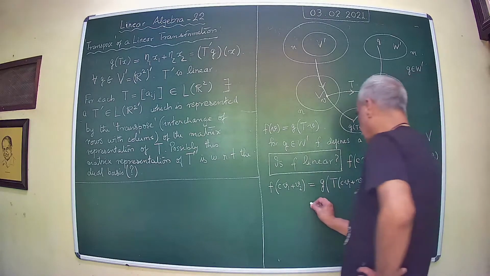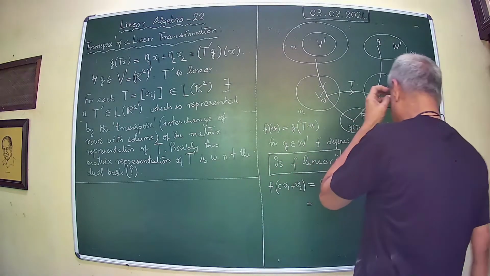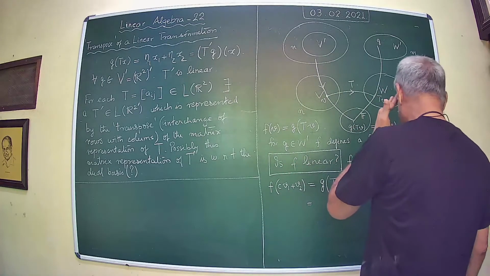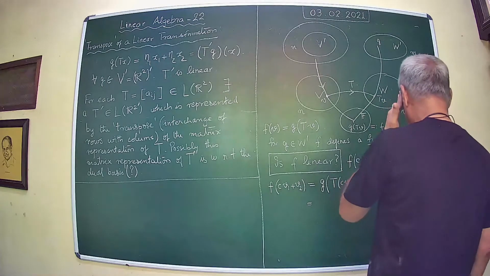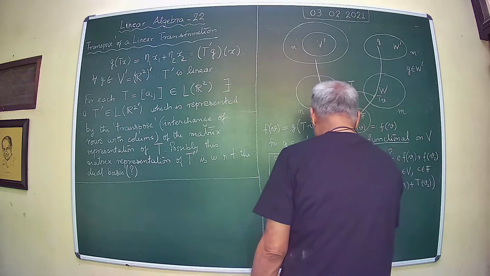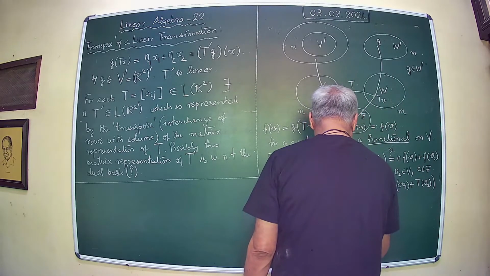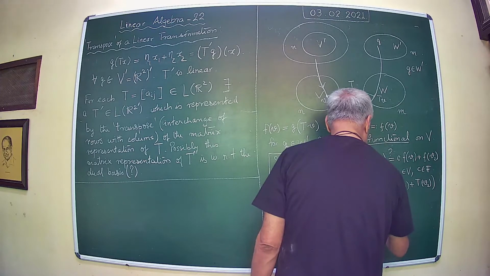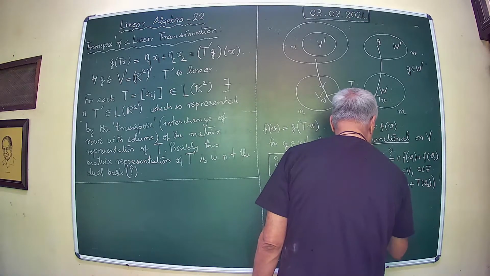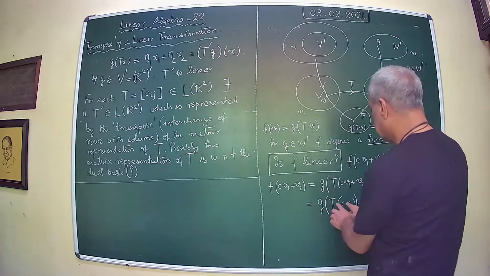and this is equal to, by the definition of a function, you don't need much here, and the fact that G is linear, you have G of, but what is this? This C comes out.